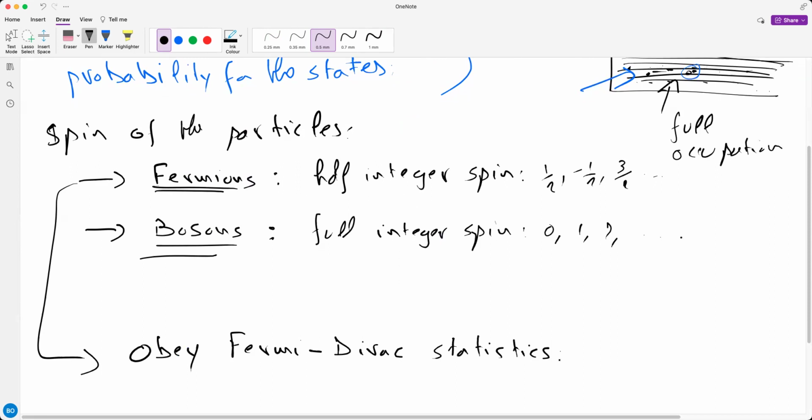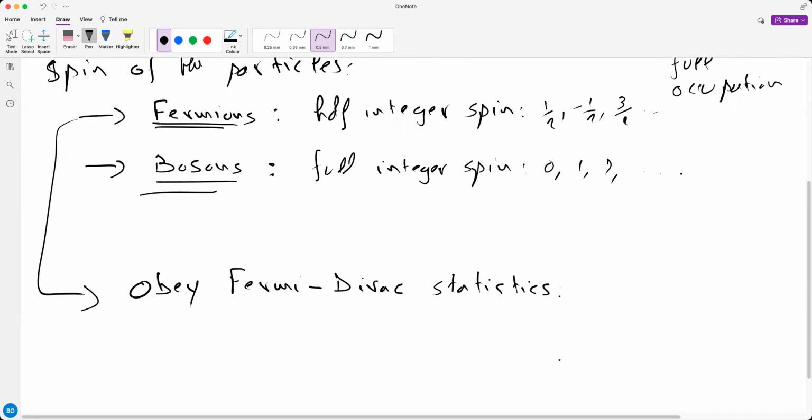Fermi is Enrico Fermi, the famous scientist who contributed to the Manhattan Project. Dirac is Paul Dirac, the famous British scientist who was the first to couple quantum mechanics and the relativity of Einstein. So Fermi-Dirac statistics is used for fermions.